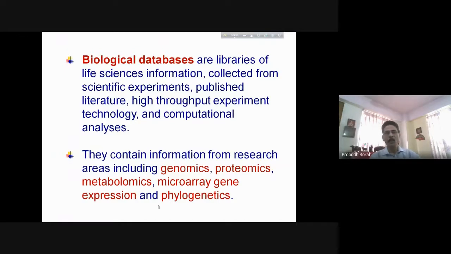We shall take on in the next class the biological databases and their classification. Then we will discuss about what are the different types of biological databases, what is the role or importance of biological databases, and how they can help us in studying biology.